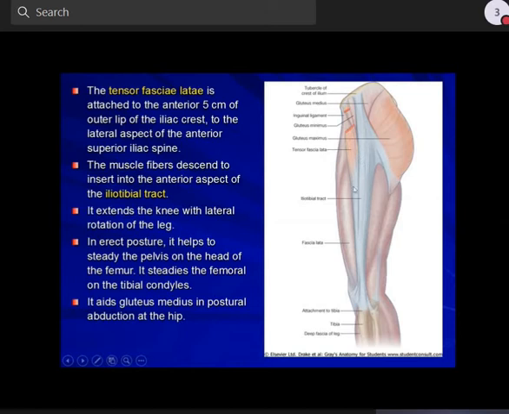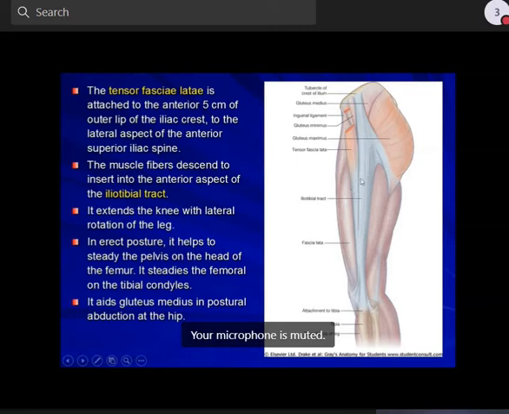The tensor fasciae latae starts with the superior anterior iliac spine and some 5 centimeters behind it. It passes downwards, being enveloped in 2 plates of the fascia lata, and afterwards it forms a very strong aponeurosis.